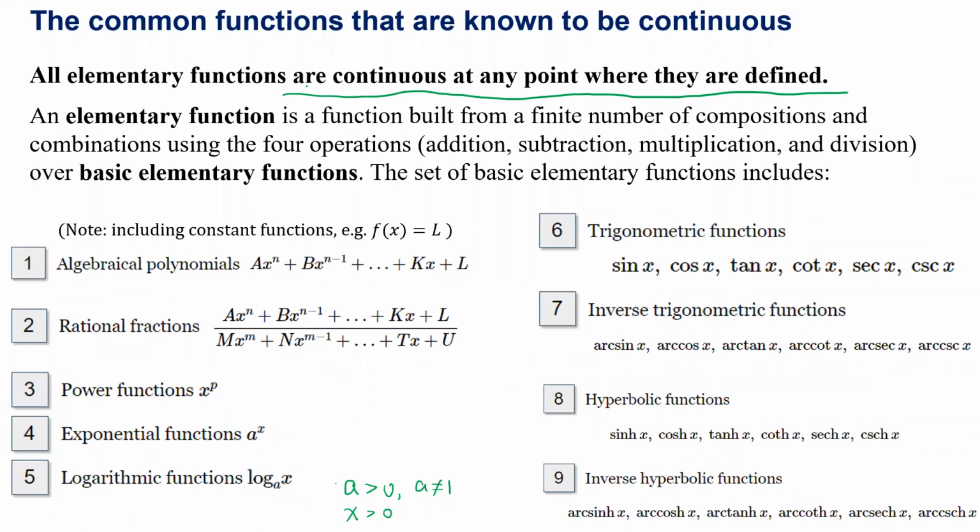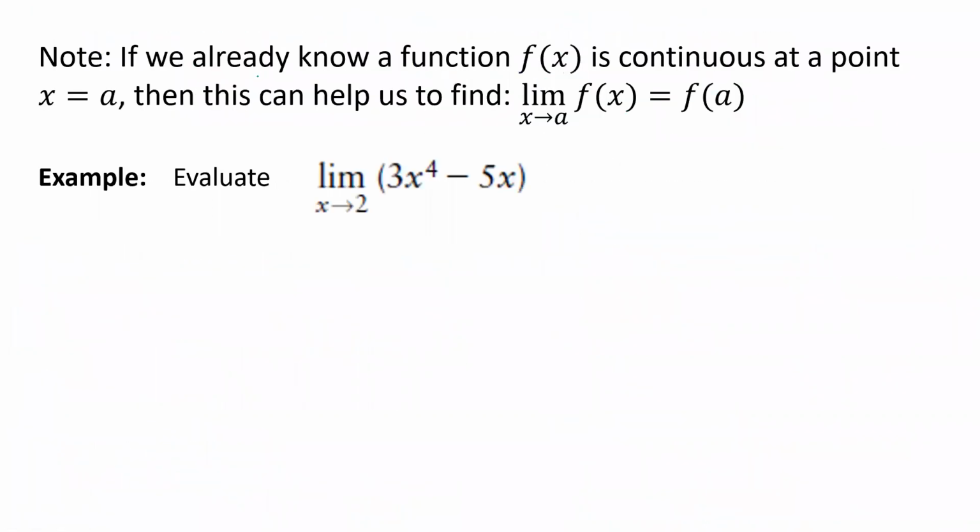For us, you can just use this statement to help you find the limit of any basic elementary functions or the composition of these basic elementary functions. So this means if we already know a function f(x) is continuous at a point x equals a, then this can help us to find the limit of this function f(x) when x approaches point a.